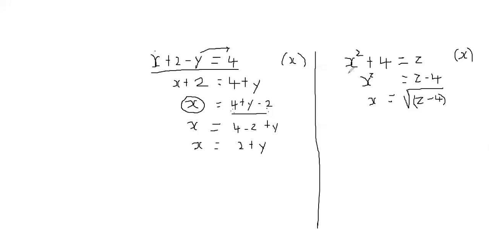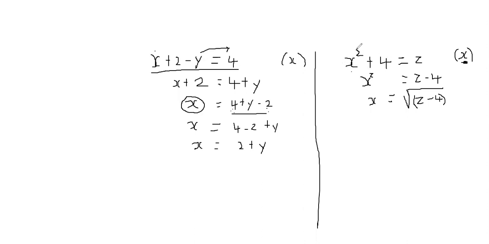So we have here x squared plus 4 equals z, trying to make x the subject. What I'm saying is that we need to get rid of the 4 and the power, which is 2, which is a square. So we need to carry over the 4 first, the one that has a further relationship to x.